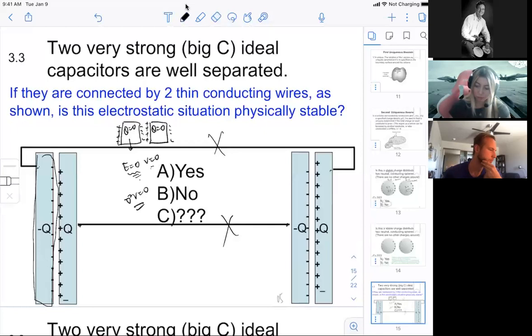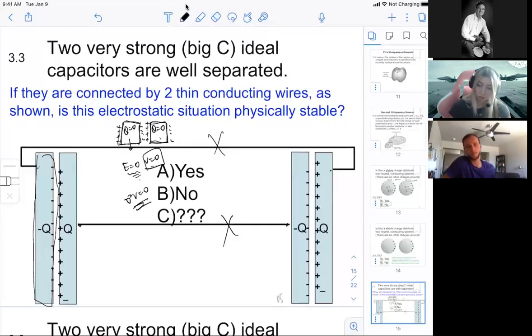But the second uniqueness theorem says that if I can guess a solution that satisfies the Laplace equation and the charge distribution is given, then this must be the only possible solution. There couldn't be another. So I argue E must be zero inside, V is zero inside as well.